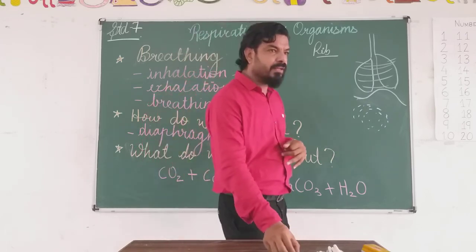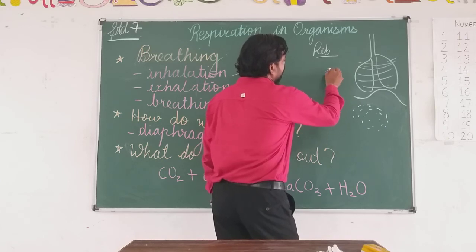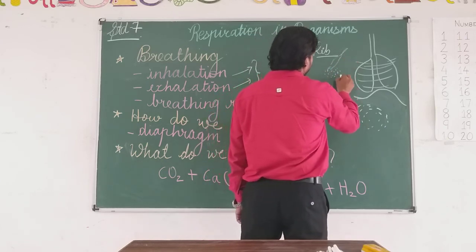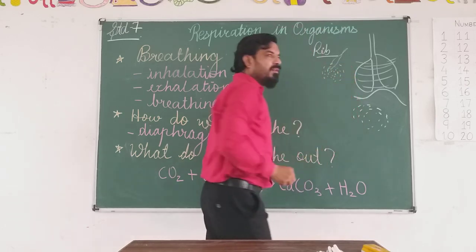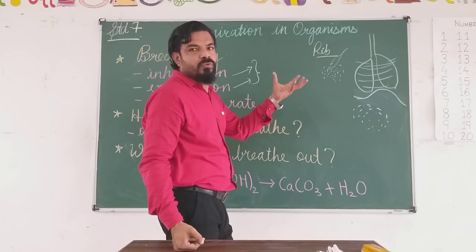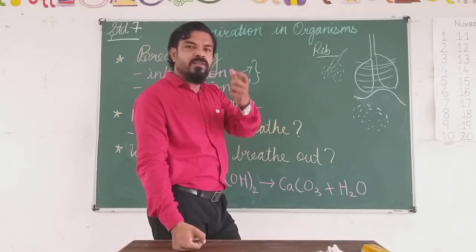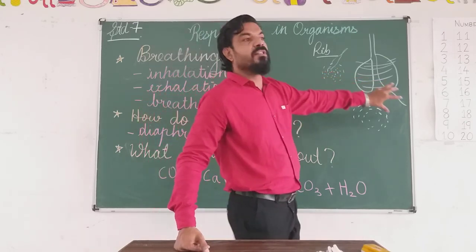Alveoli are small and round, like the shape of grapes.